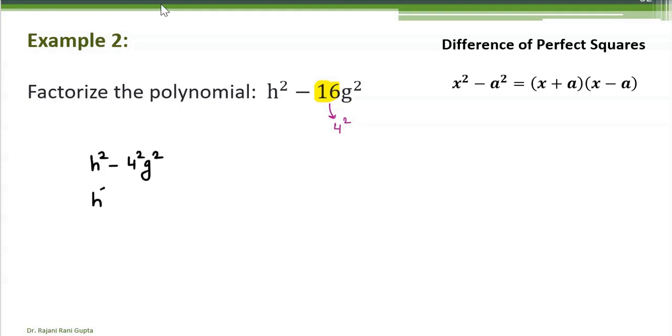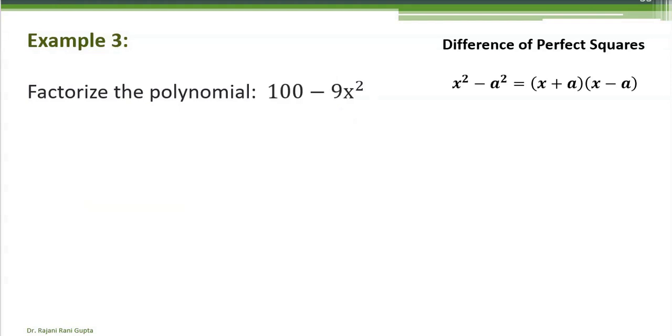Since 4 and g both have power 2, we can write them as (4g) power 2. So without power, which numbers do we have? h and 4g. By using the formula, we can write it as a product of two brackets: h, 4g, h, 4g, one time with plus, another time with minus. So the key concept is to write each number as a perfect square.